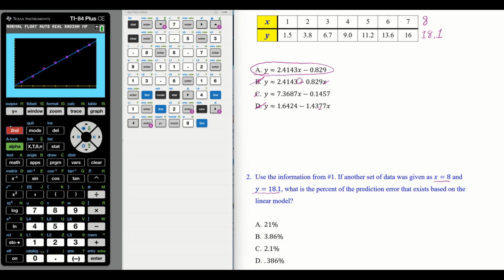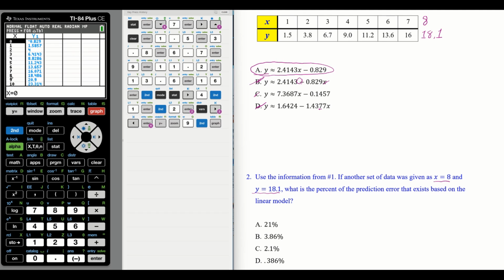Do second graph and it gives us a table. And I'm going to write this down. So now this is our Y. That would be up here.